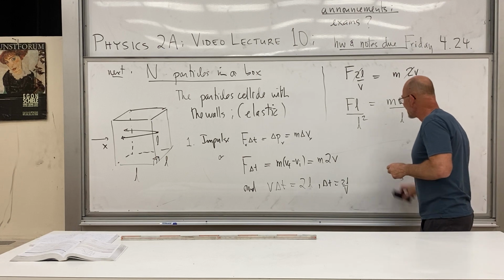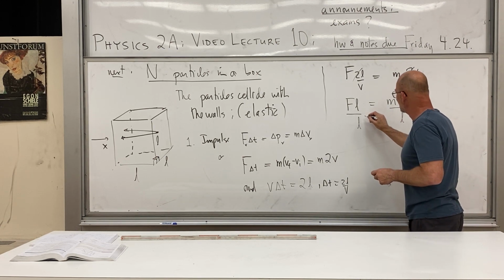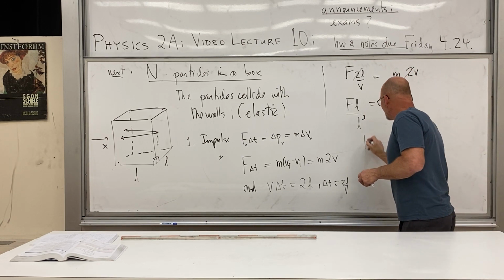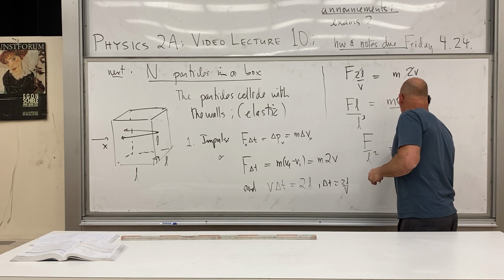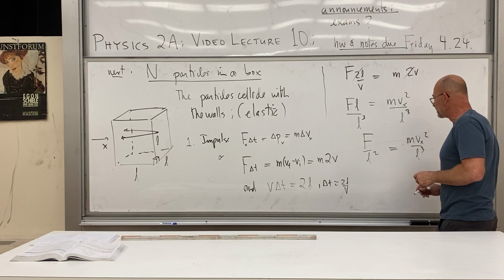In fact, no, I'm going to divide by L cubed. So on this side I have L over L cubed, so I have F over L squared is equal to M Vx squared over L cubed.